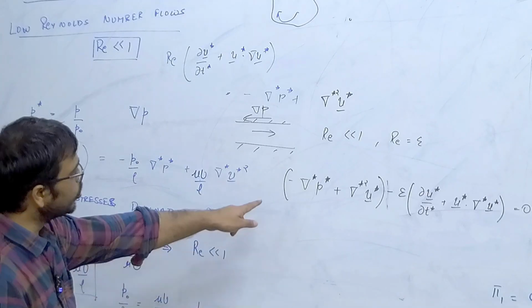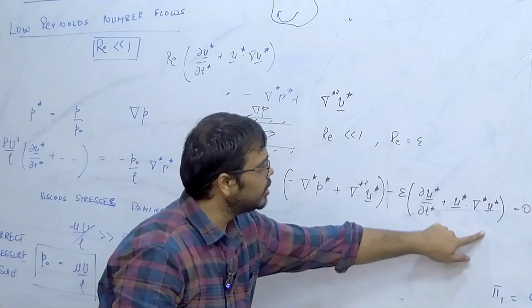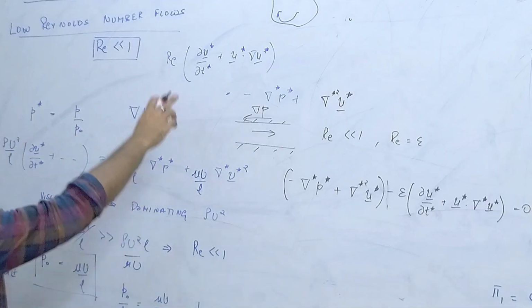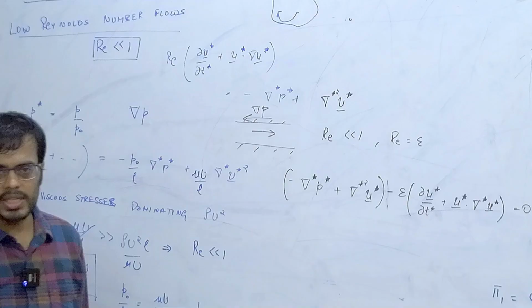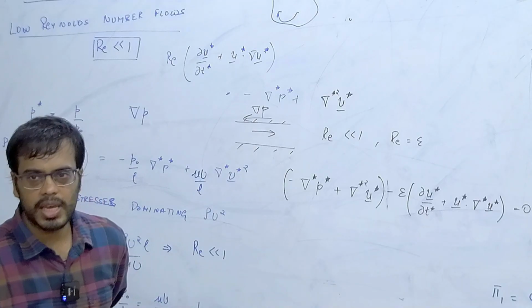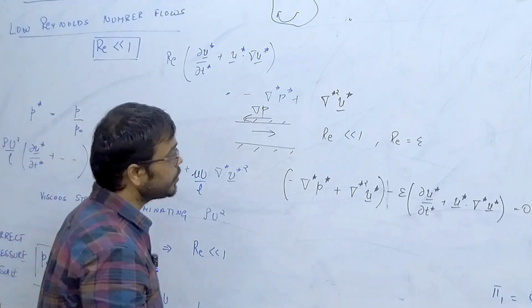Now, we are not through with this. Just here you cannot use the fact that this is an order 1 equation, this is an order epsilon equation, because if you remember, in all of this non dimensionalization we just took any arbitrary scale for velocity as u. We just took any arbitrary scale for the length L. We did not really look at any specific pressure scales.